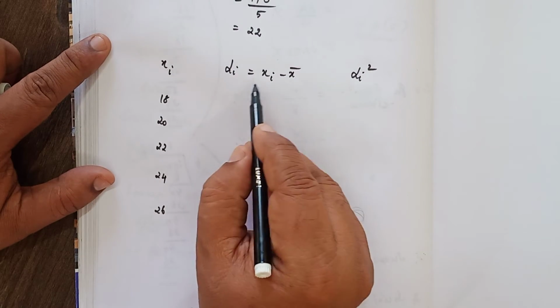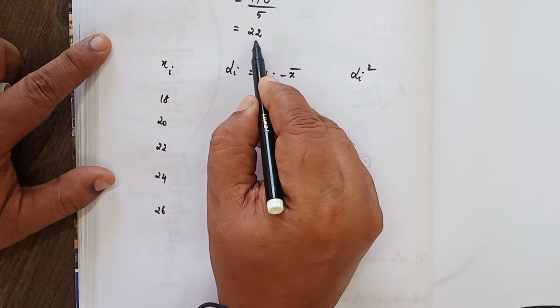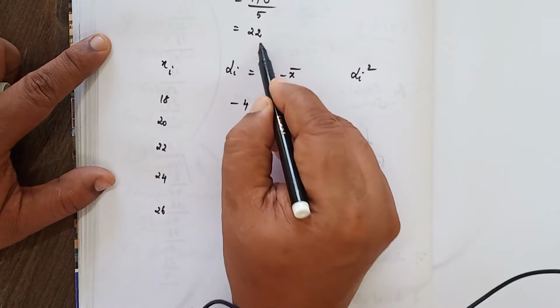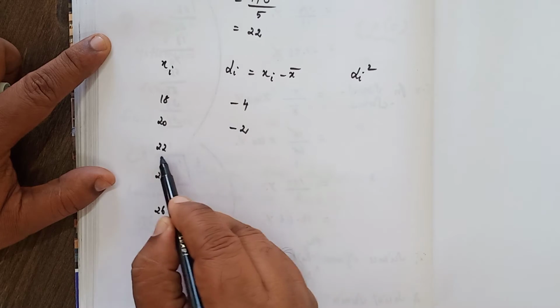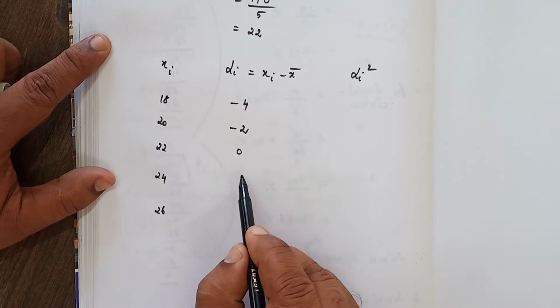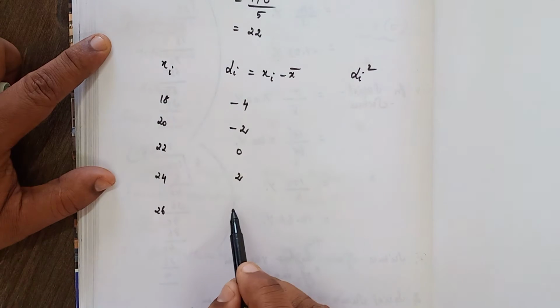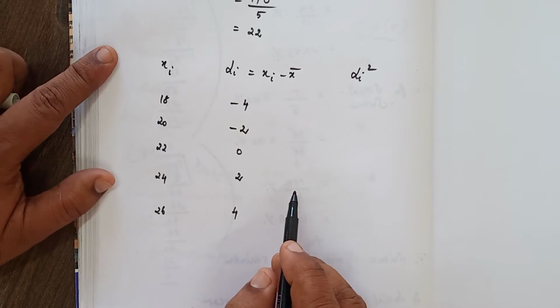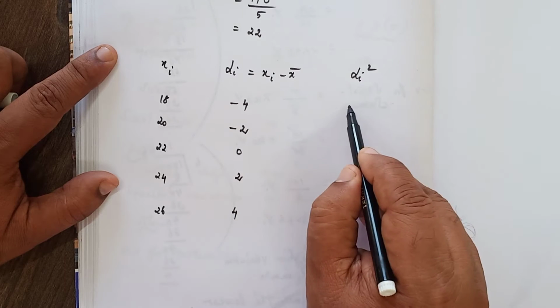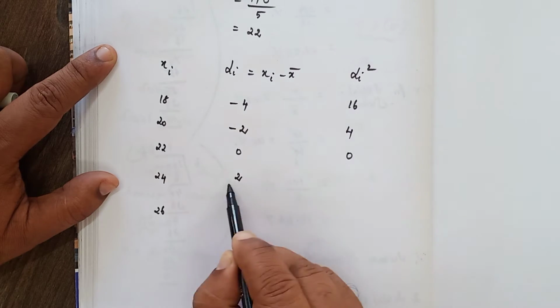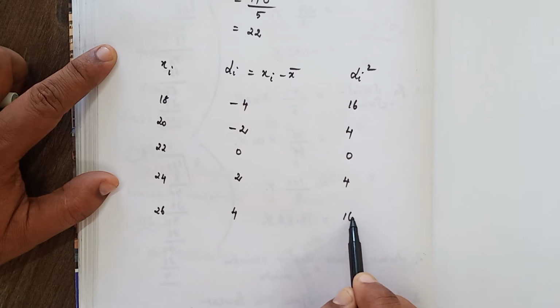Now di is equal to xi minus x bar, and x bar we know is 22. 18 minus 22 is minus 4. 20 minus 22 is minus 2. 22 minus 22 is 0. 24 minus 22 is 2. 26 minus 22 is 4. Minus 4 whole square is 16, minus 2 whole square is 4, 0 square is 0, 2 square is 4 and 4 square is 16.